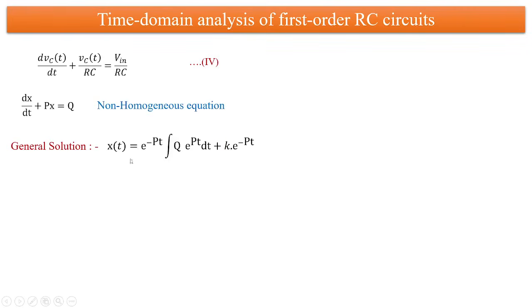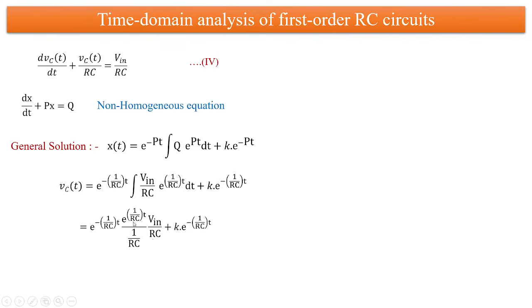For this, the general solution we know, we have already seen from the mathematical analysis. And when we apply this general solution for determining the capacitor voltage for different values of t, I'm going to get Vc of t as V in plus k e to the power of minus 1 by RC t.